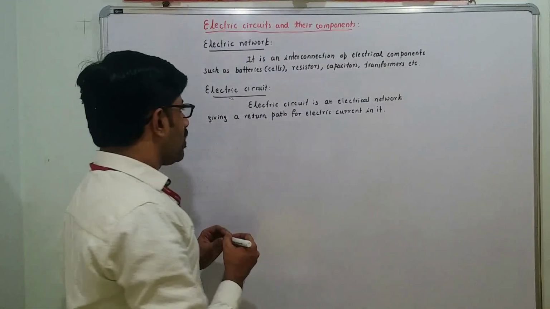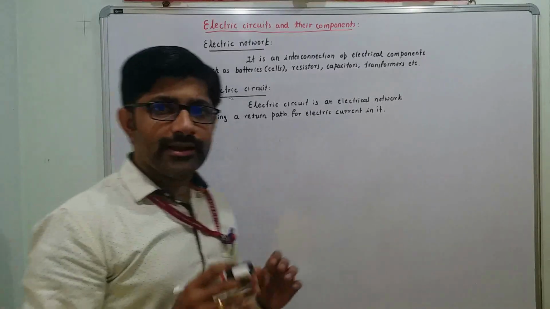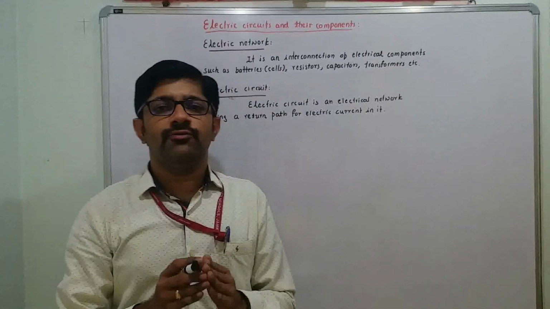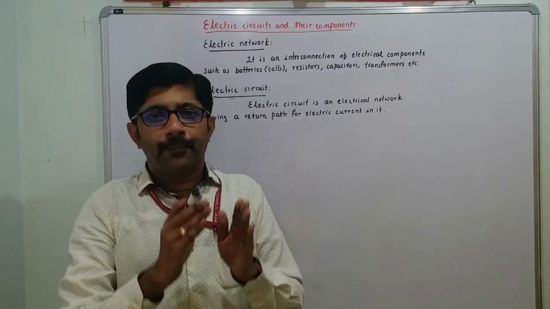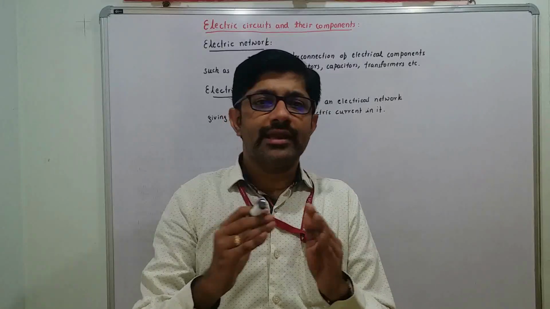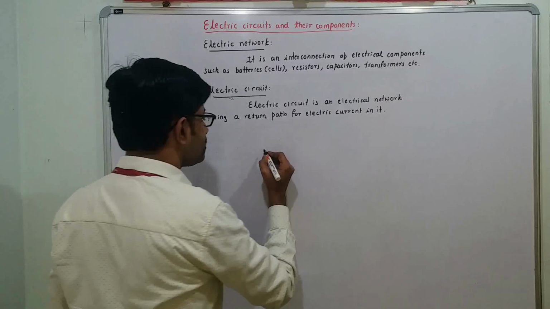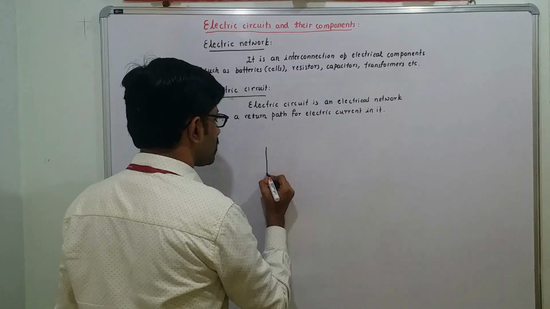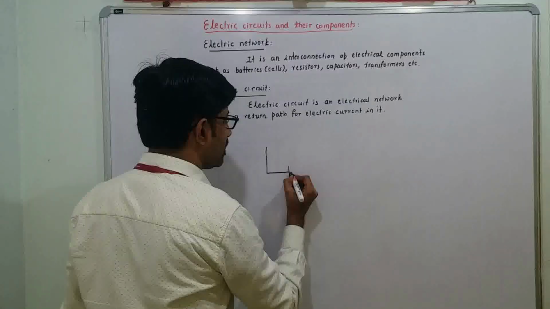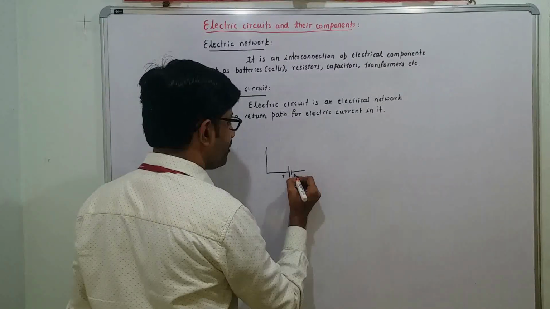Let's draw a simple electric circuit. A simple electric circuit comprises of a battery, a plug key, an ammeter, and a bulb or any other output device. Now, this is a symbol for battery. We will discuss the details in a short time.